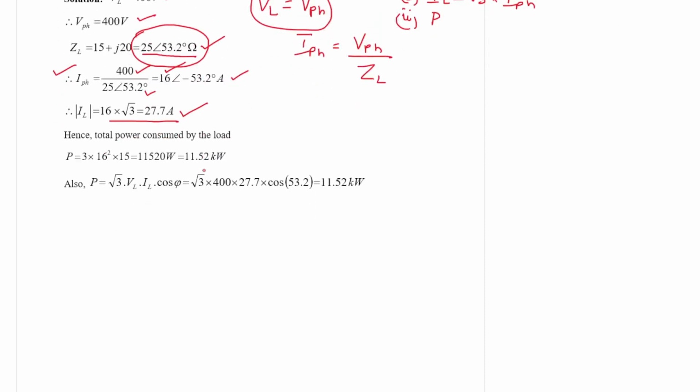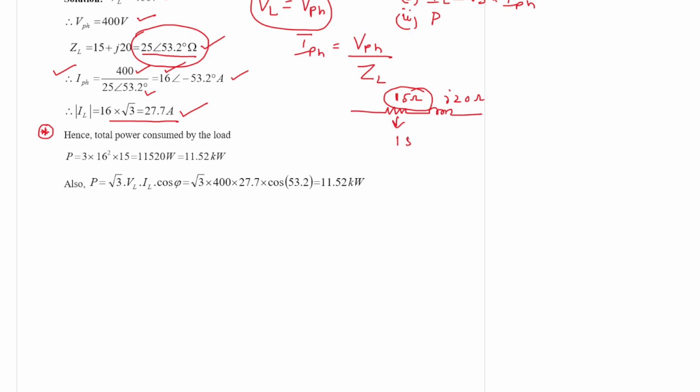Now the power consumed can be calculated in two different ways. First of all, we have a load having R and L. R is 15 ohm and X is J20 ohm. Power is always dissipated in the resistance, as mentioned previously.